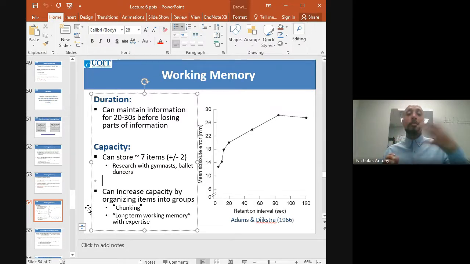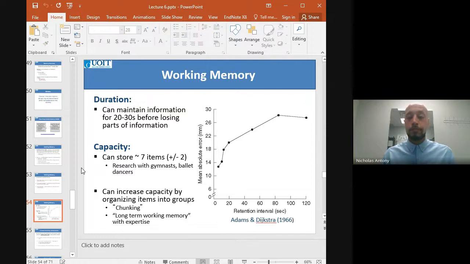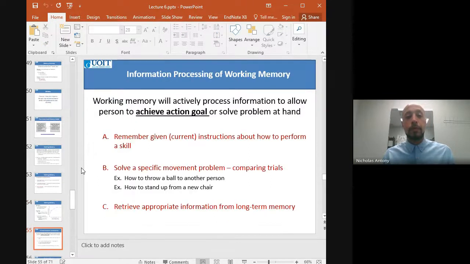There are ways to maximize memory, and it's by figuring out ways, mnemonics, right? You're organizing things into smaller chunks. So do we all have a better understanding of working memory now, or consciousness, or short-term memory? It's all kind of the same thing.